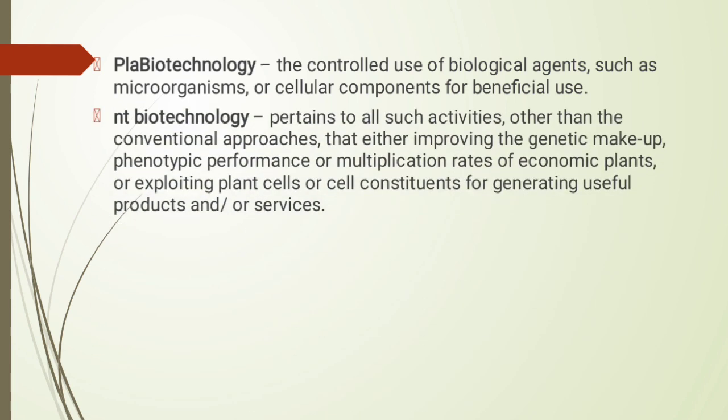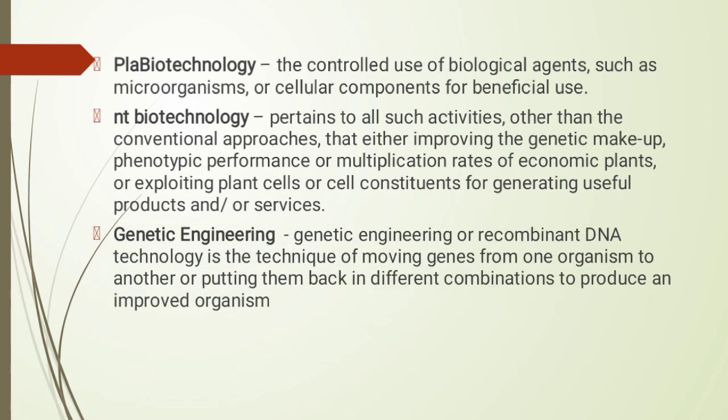Next is plant biotechnology, which pertains to all such activities other than the conventional approaches that either improve the genetic makeup, phenotypic performance, or multiplication rates of economic plants, exploiting plant cells or cell constituents for generating useful products and or services. Next is genetic engineering. Genetic engineering or recombinant DNA technology is the technique of moving genes from one organism to another or putting them back in different combinations to produce an improved organism.